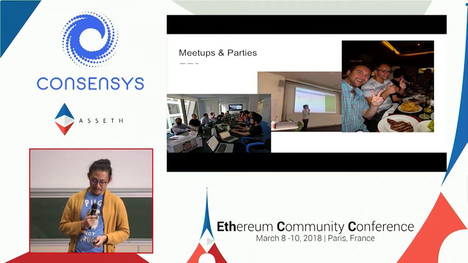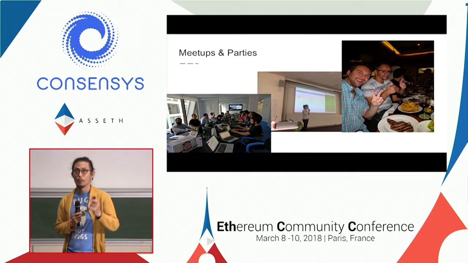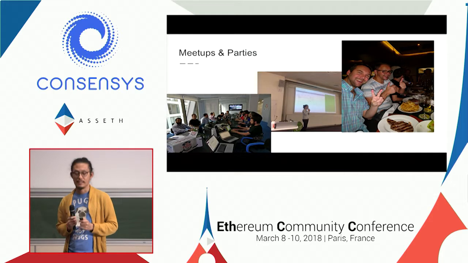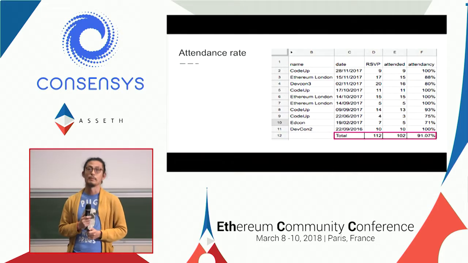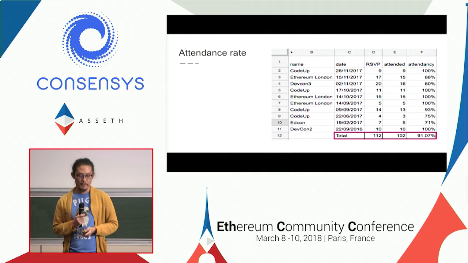Anyway, the whole outcome of this smart contract is that I want to improve the attendance rate. And the result is quite good: 90% of people actually do attend, over the last 10 times I've been doing this since DevCon 2.